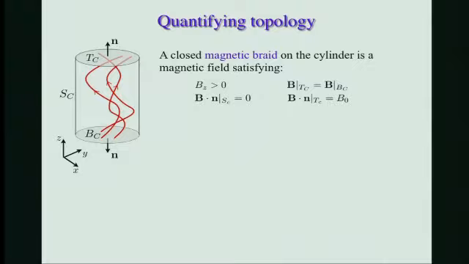We also have this condition here, which we only use for this example, that the normal magnetic field is actually constant, but this can be relaxed. It's not a stringent condition.